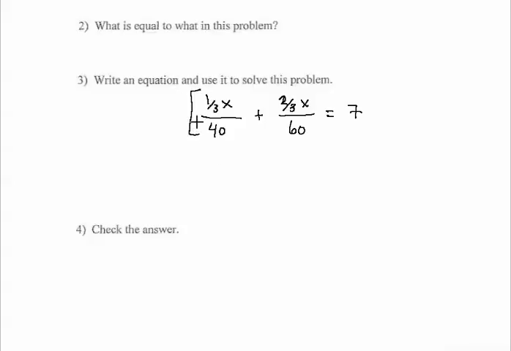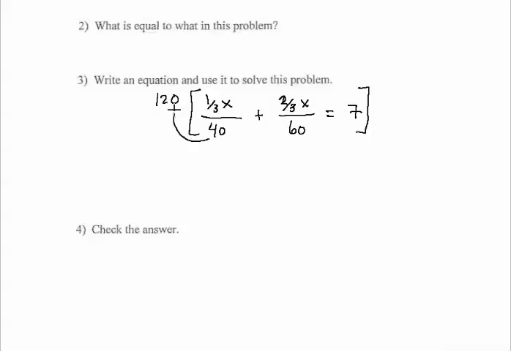We could multiply the whole equation by the lowest common denominator to get rid of this 40 and this 60. The smallest number that 40 and 60 will divide into is 120.